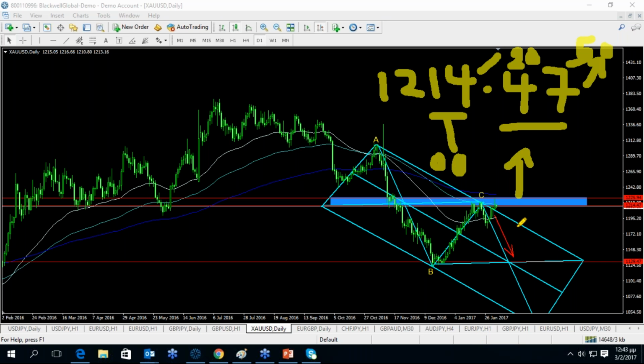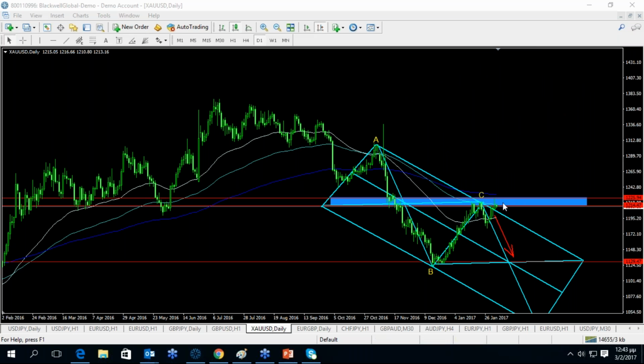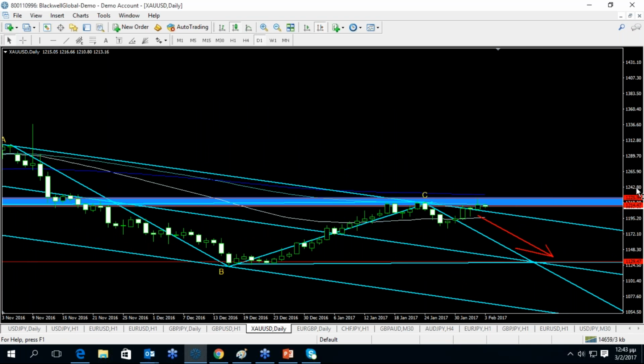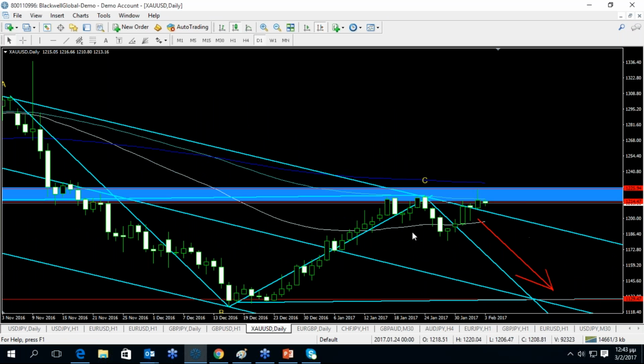Okay, so we are in between basically, and this has found some type of resistance at this zone, very powerful resistant area. So it's finding a big challenge here at this zone for gold to go up more. We're talking about the daily chart at this moment of time. As you can see, finding loads of resistance at this zone between 1214.47 and 1225.94.